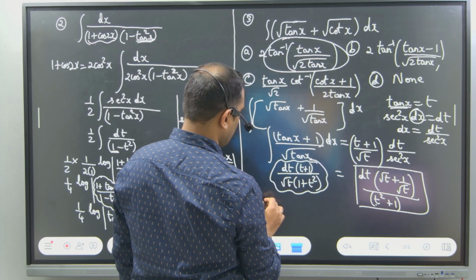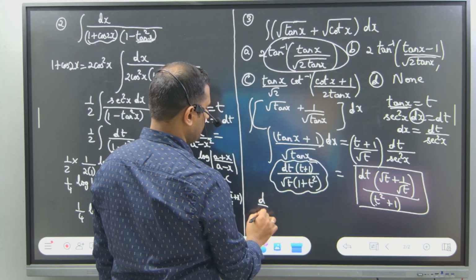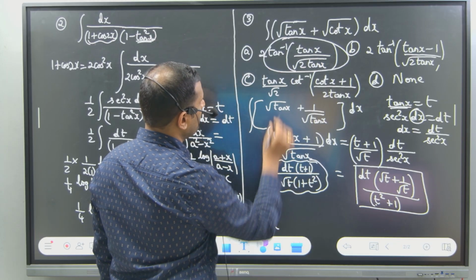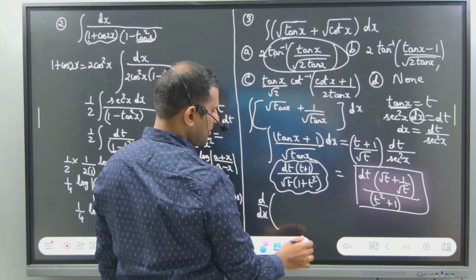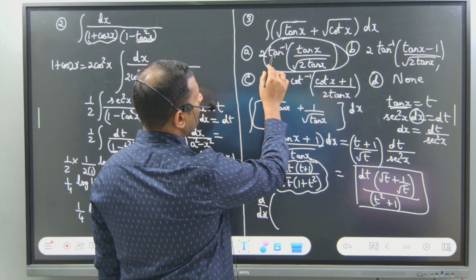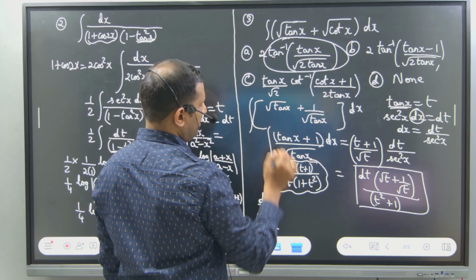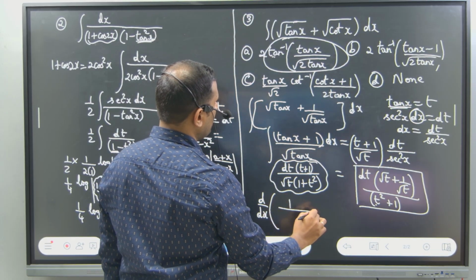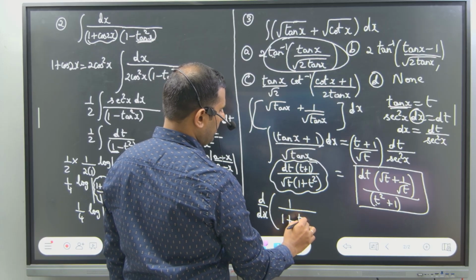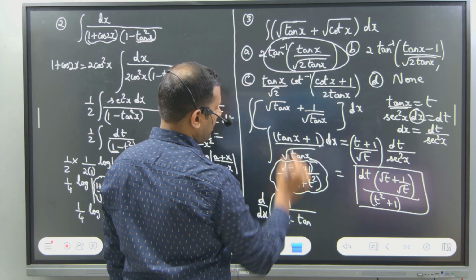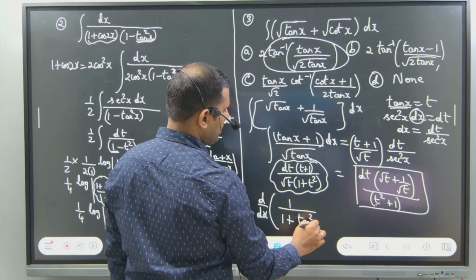What is the derivative of d by dx of this? What is the derivative of tan inverse? 1 by 1 plus x square.